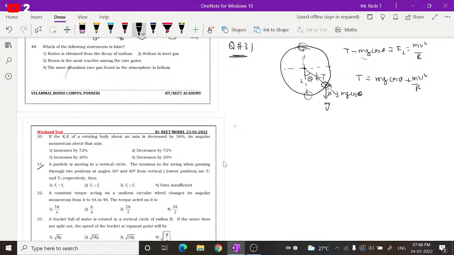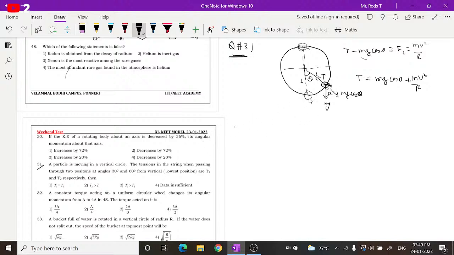If you want to replace this also just in terms of angle, keep in mind that v is equal to square root of 2gr into 1 plus cos theta. You can obtain v at any arbitrary point by using the law of conservation of energy.